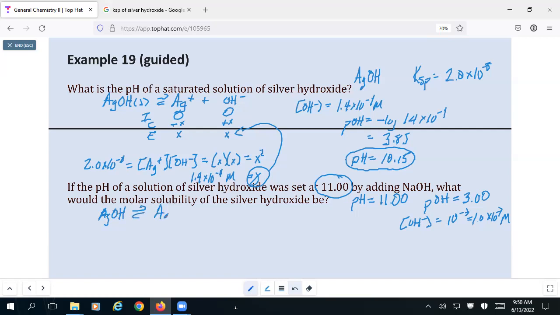So just quickly redrawing what we had above. Still have no silver, but now we've got a pretty appreciable amount of hydroxide. So X for the silver, 1.0 times 10 to the negative third plus X for the hydroxide.